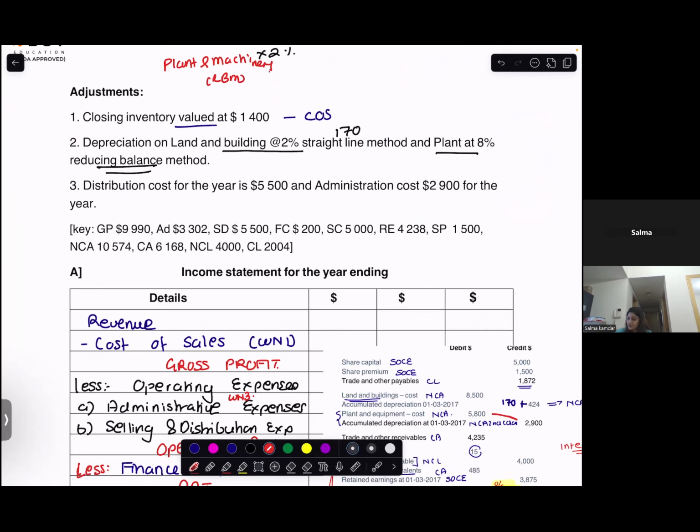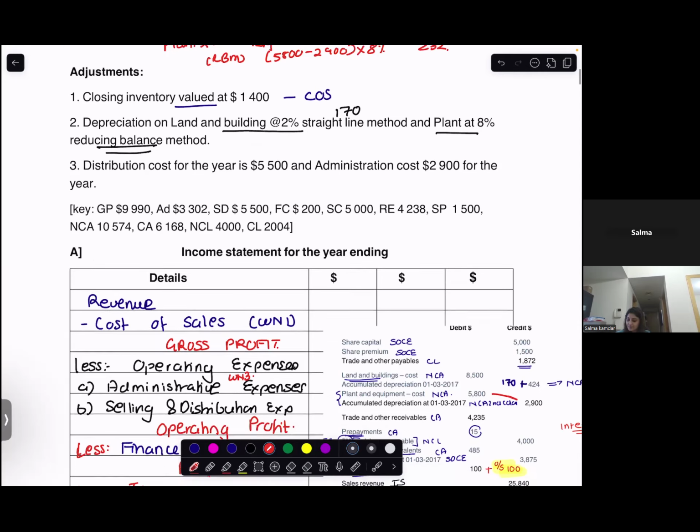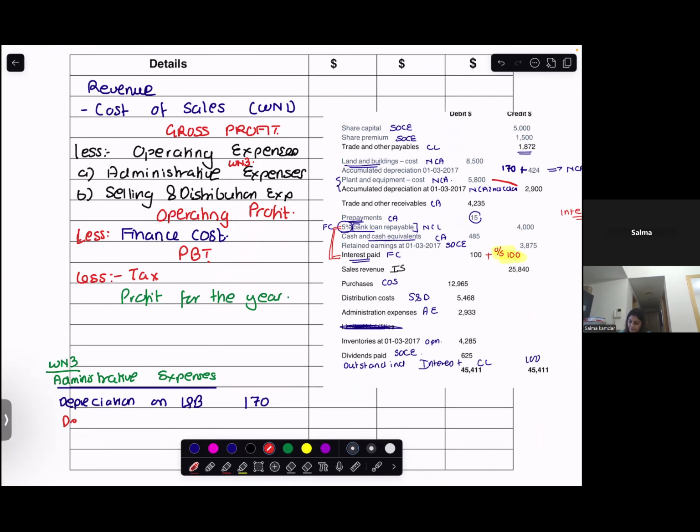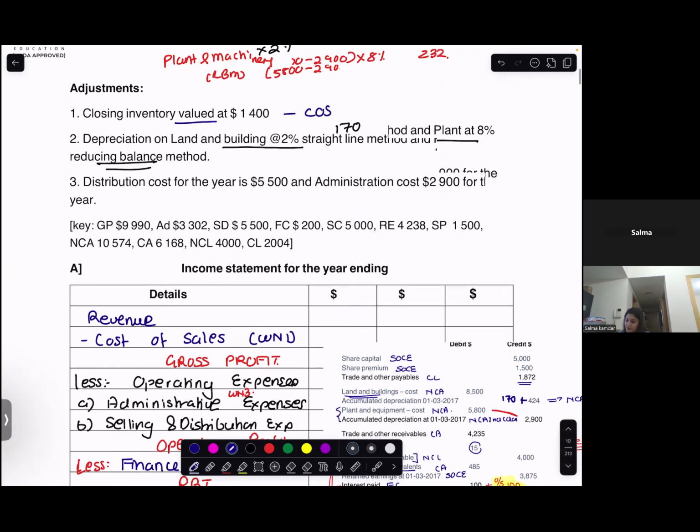So it's 5,800 minus 2,900 into 8%. This is 232. Where will I put this depreciation? In the administration expenses, that is my working note number 3. Depreciation on what? How much? 232.